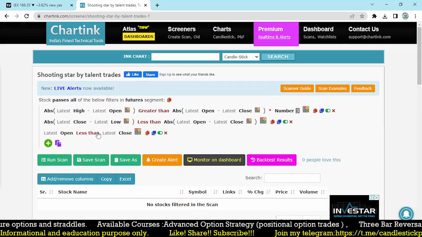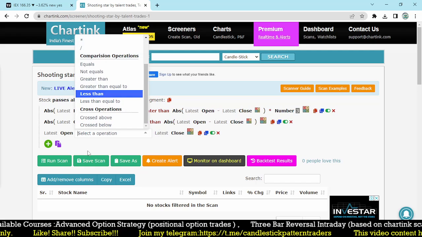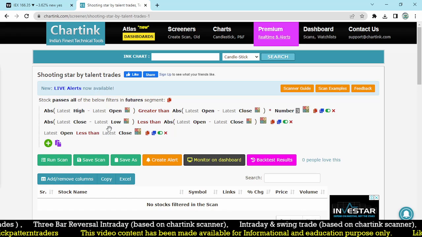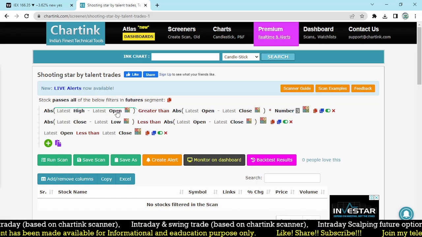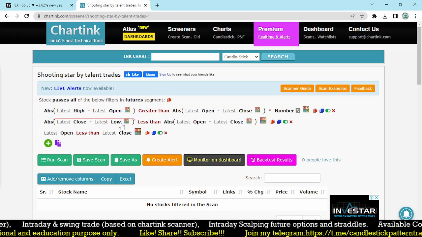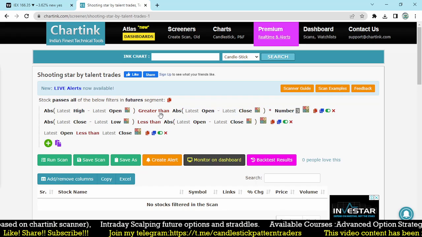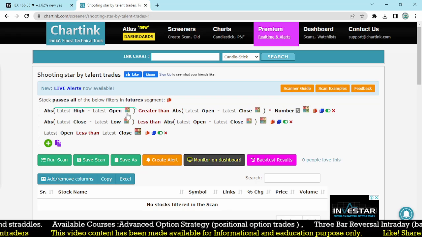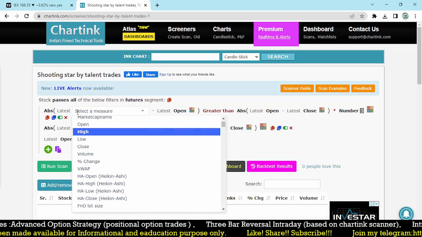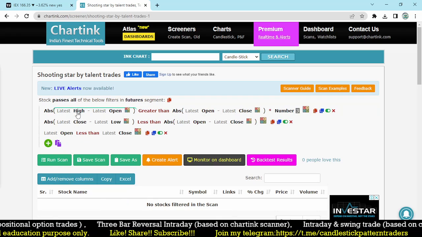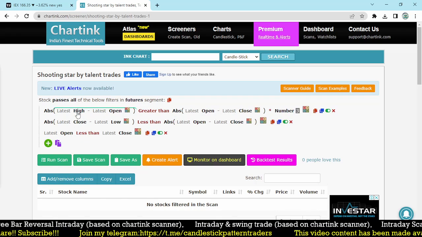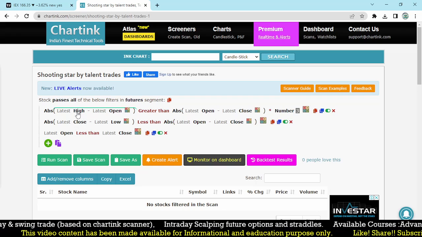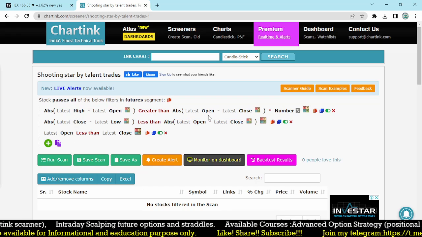So here we have to change the function. For an inverted hammer, we can convert this: high minus open, low minus open, close minus high. If you make the changes, it will find the inverted hammer. Let me try high minus open. Here low minus open, high minus open, the wick is greater than the open minus close, number 3.